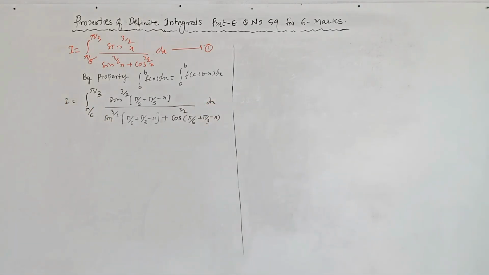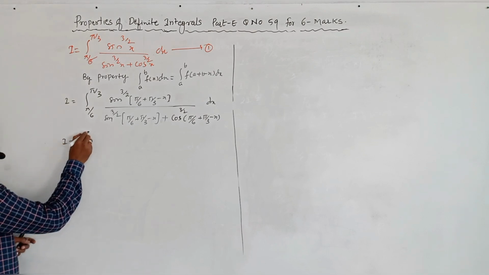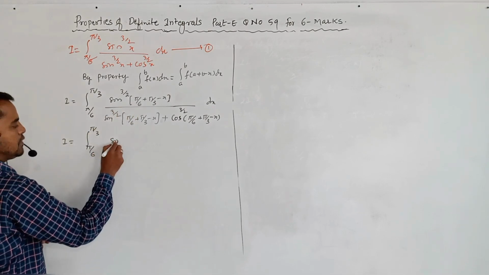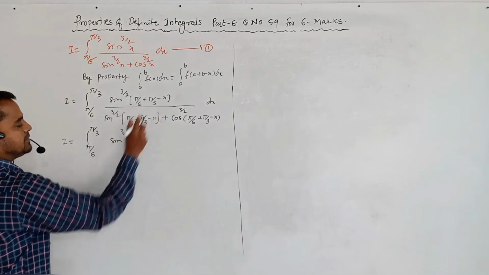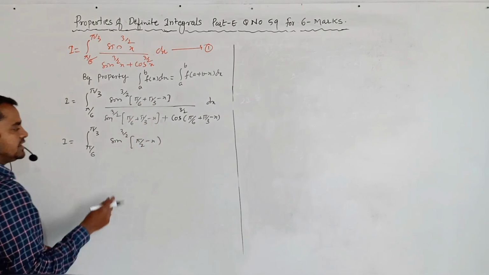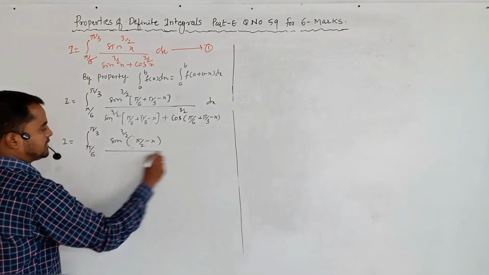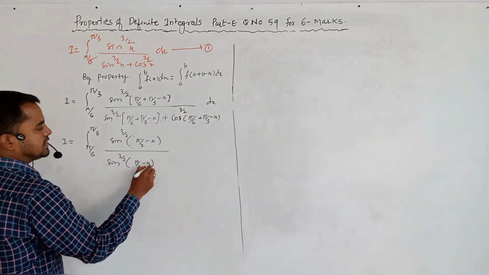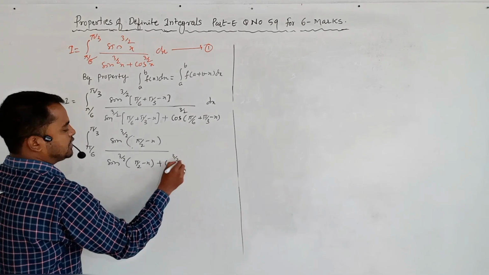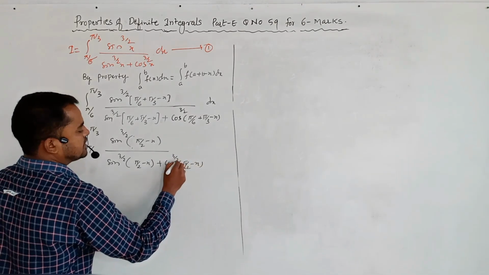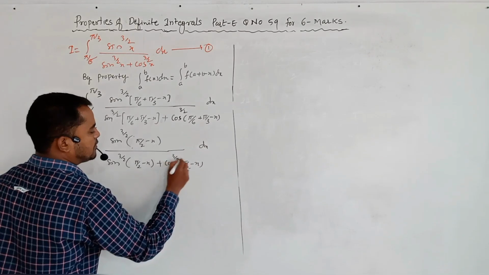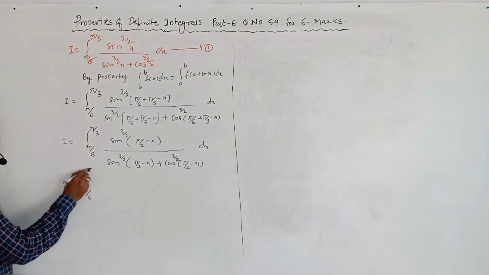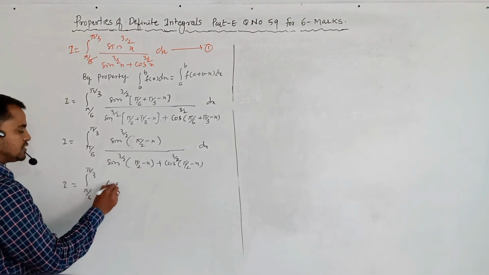Then I is equal to the integral from 5π/6 to 5π/3 of sin^(3/2), it will become what? 90 minus x, divided by sin^(3/2) of (90 minus x) plus cos^(3/2) of (90 minus x), dx. Now I is equal to the integral from 5π/6 to 5π/3, sin of (90 minus x) is what? Cos.